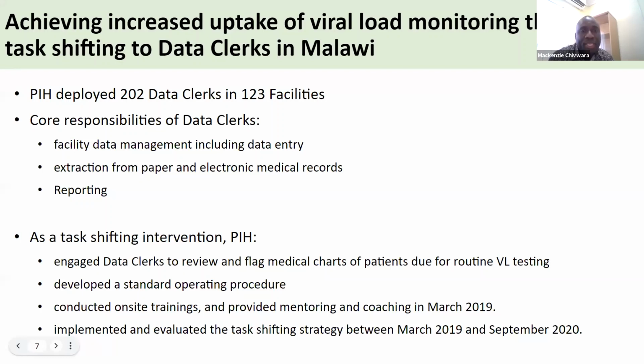As this was a new initiative, we conducted on-site trainings and provided mentoring and coaching in March 2019, when we rolled out this initiative. We also implemented and evaluated the task shifting strategy between 2019 and 2020, just to see how the results were coming out. Next slide.